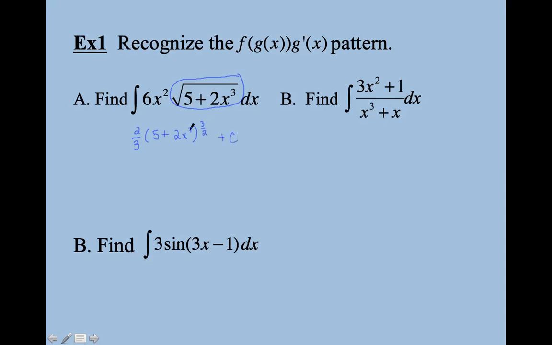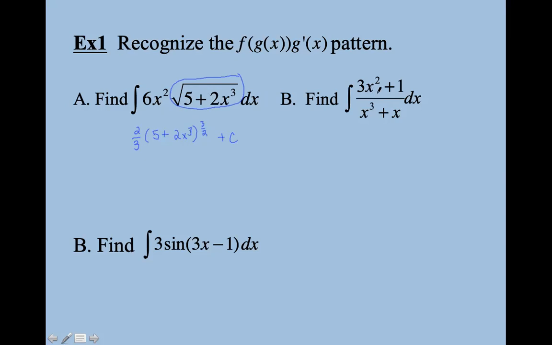Notice I could have done the u-substitution technique we were doing in class yesterday, but this just saves me a little bit of work if I can recognize that pattern and see what should be there for that chain rule part. If you're not sure if you've done it right, take the derivative, use the chain rule, see if you get back to what you started with.